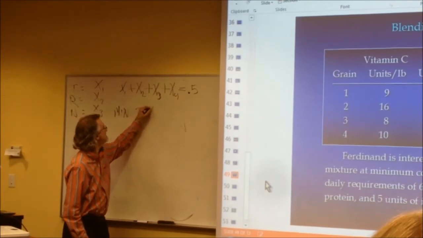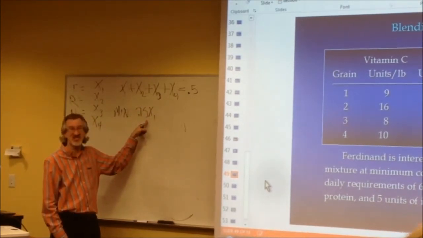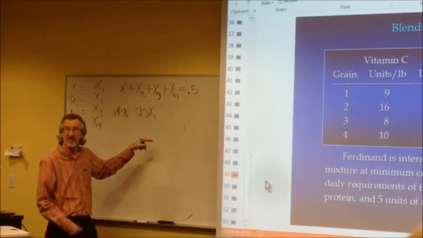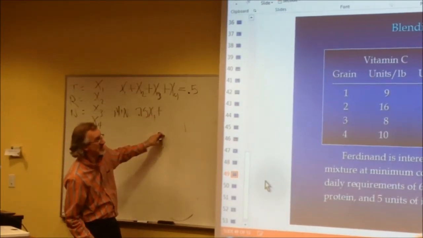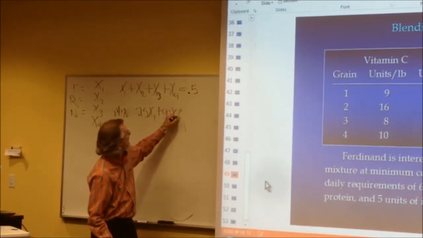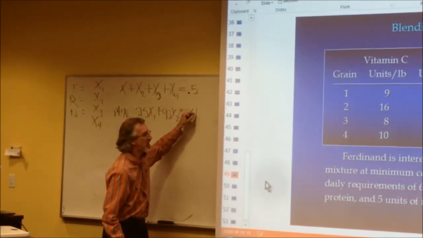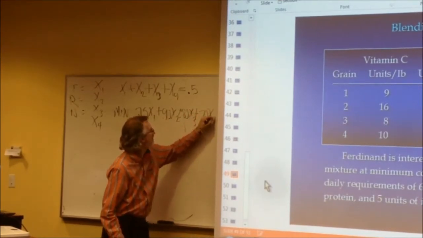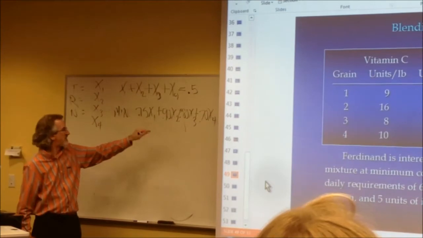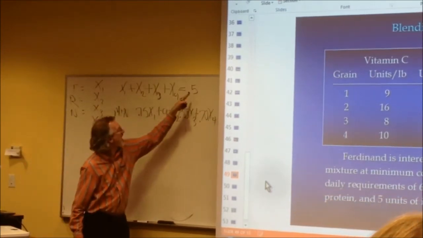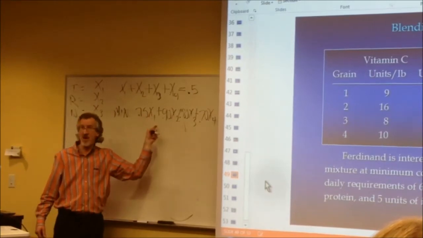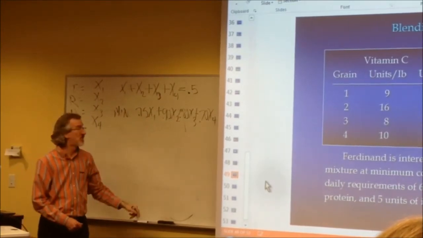Yeah, 75 cents times whatever amount we're putting in for X1, plus 90 cents times X2, plus 80 cents times X3, plus 70 cents times X4. Minimize that cost. These variables will represent exactly how much of a half-a-pound is going in times their prices. Per pound, doesn't matter. Okay?